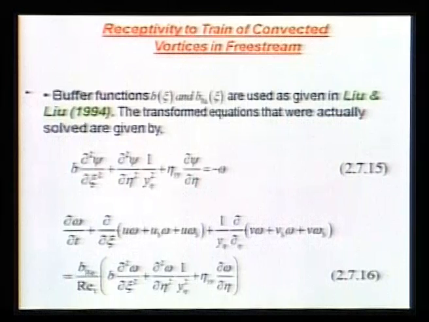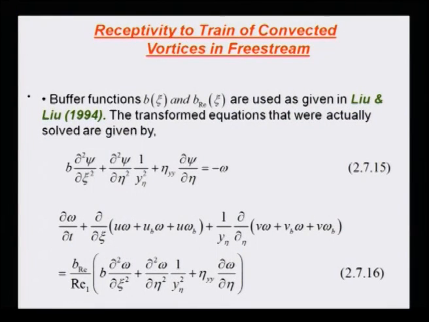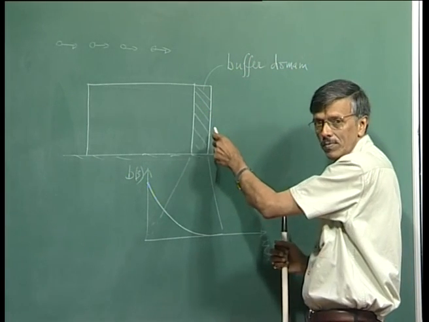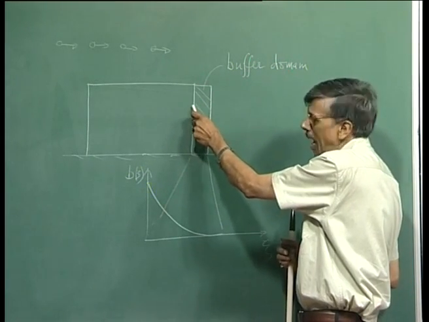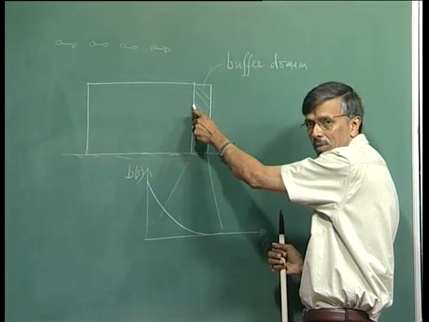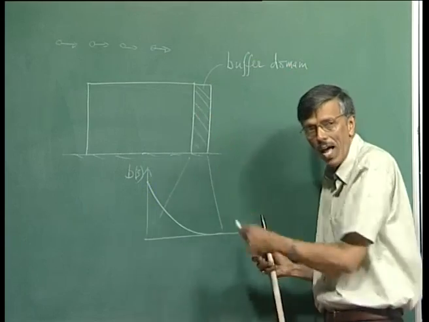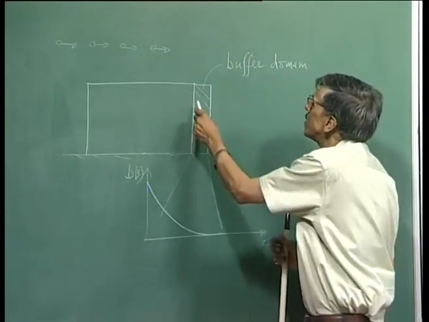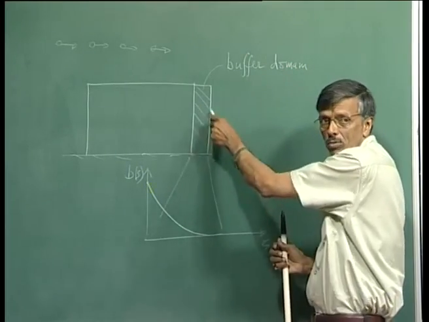BRE is also a scaled out parameter. It has a value of almost 1 at the end of the computational domain, and it effectively increases the Reynolds number as you come to the end.